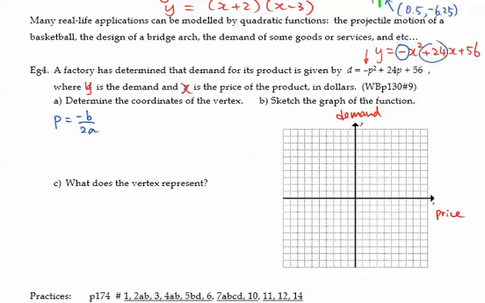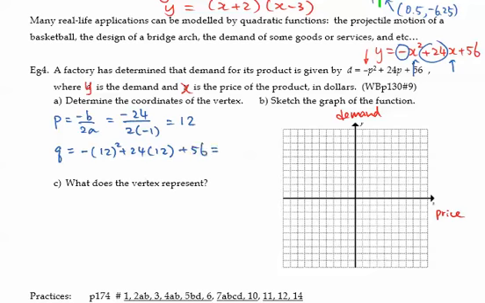Those are the values for a and b: 24 for b and negative 1 for a. Once you have the x-coordinate of the vertex, you can calculate the y-coordinate by substituting the number back into the equation. We have negative x squared plus 24 times x plus 56.